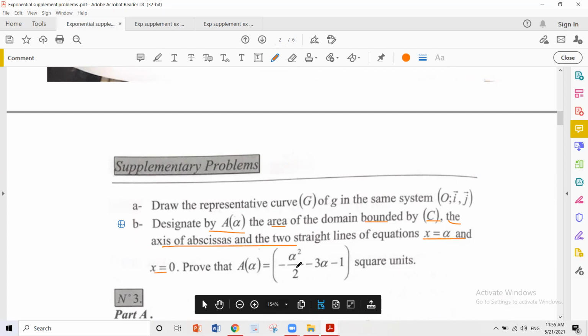We are going to prove that A alpha equals minus alpha squared over 2 minus 3 alpha minus 1 square units.